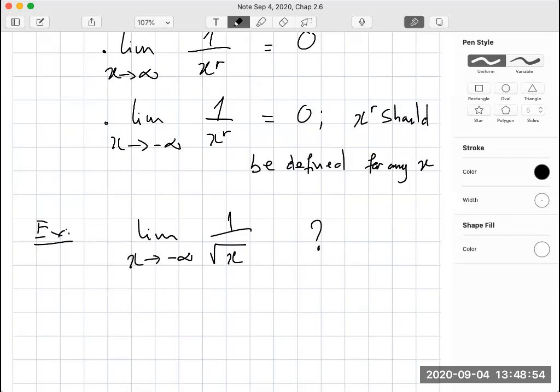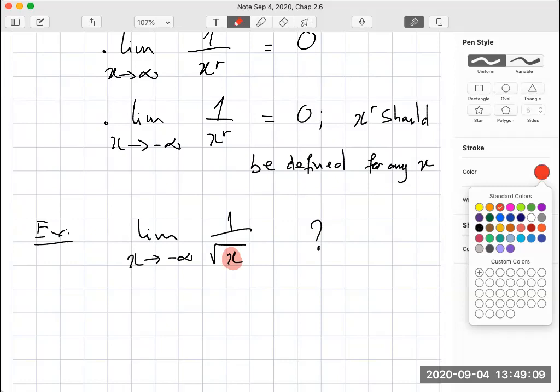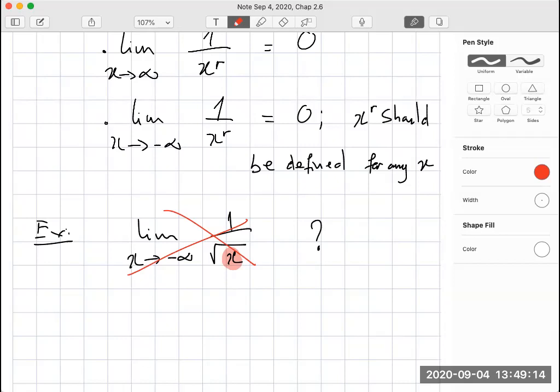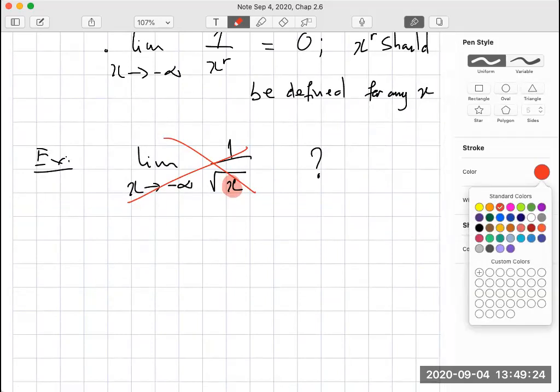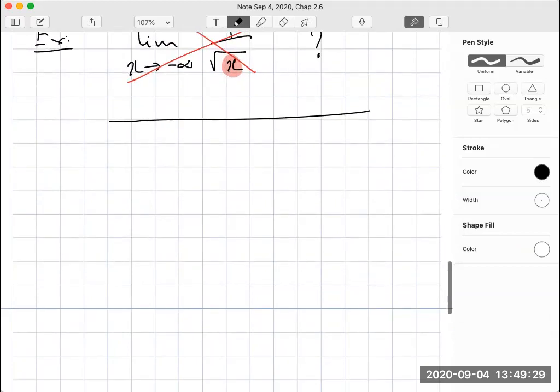No. The number under the square root should be positive, so this is not defined when x is smaller than 0. Therefore, it does not make sense when we write it this way. Just want to remind you about this. So now, let us play with this example.